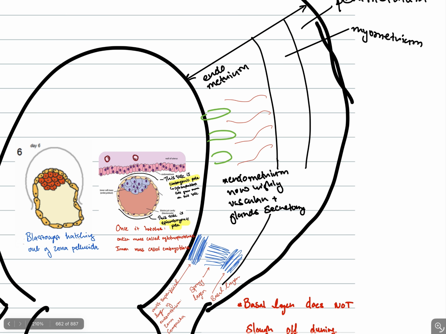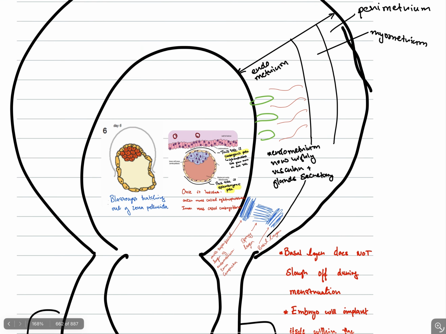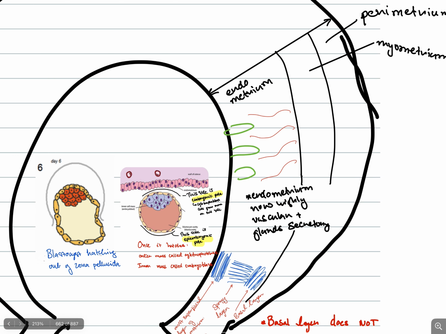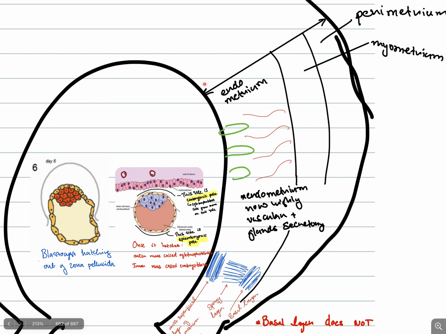Now, what we want is basically the implantation of this into our uterus. So if we look at the uterus, we have different layers. So we have the functional layer here, and I'll go into the details of what constitutes the functional layer in a bit.